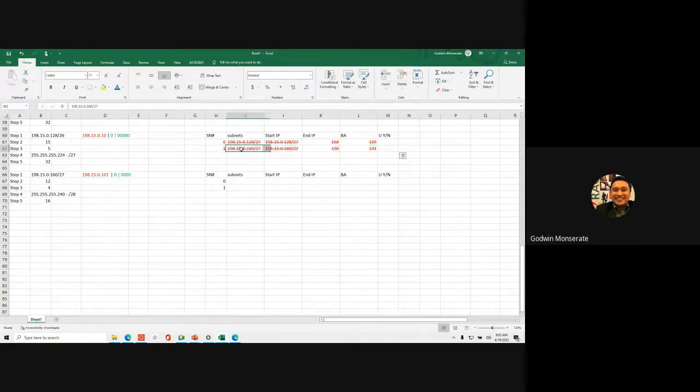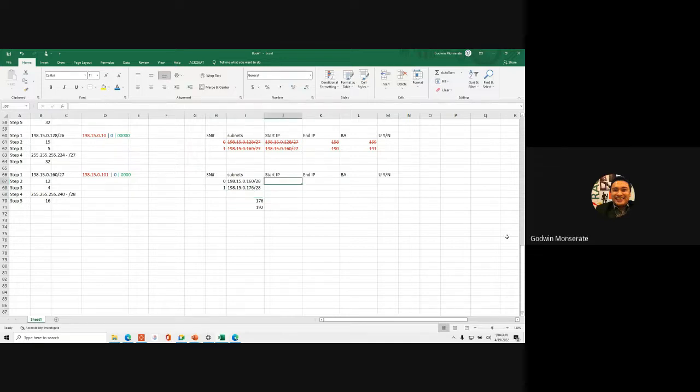So now it became two subnets. That will start with 198.15.0.160/28. It was originally /27, now we make it /28. And we range by 16. So 160 plus 16, plus another 16, 192 is the last. So this will be 198.15.0.176/28.